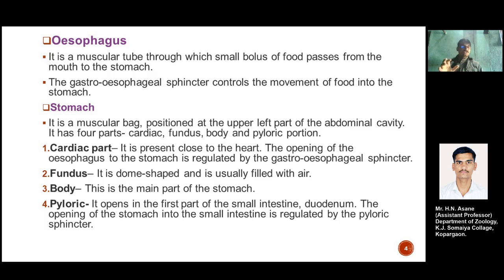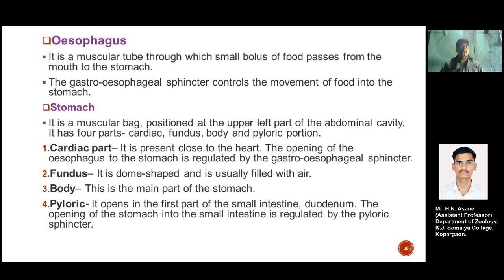This layer gives support to the mucosa and connects it with the muscularis mucosae. So the lamina propria serves as a packing tissue, supporting the mucosal layers and connecting with the muscularis mucosae.